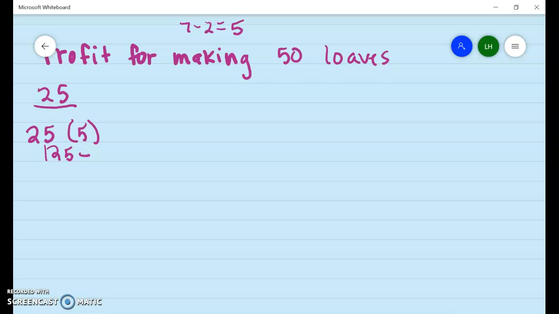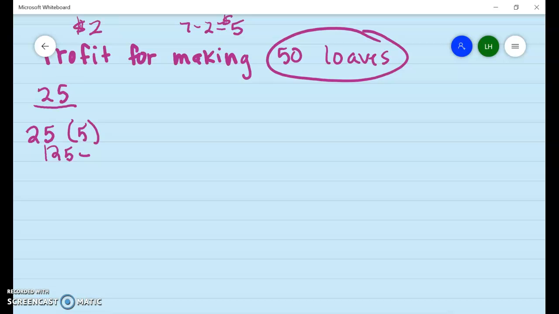But remember, we have 25 more that we made that we're not selling. So we have to subtract the cost that we're losing for making those and not selling them. So the cost of each loaf to make it is $2.